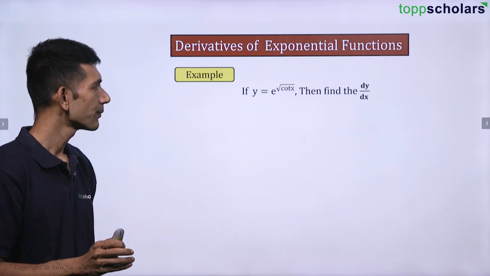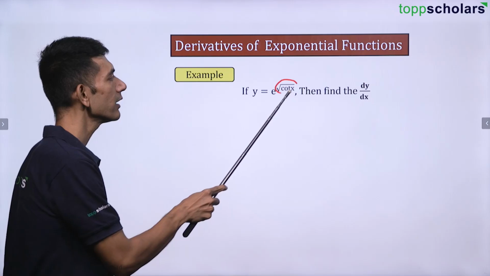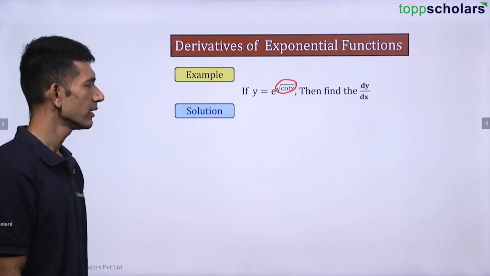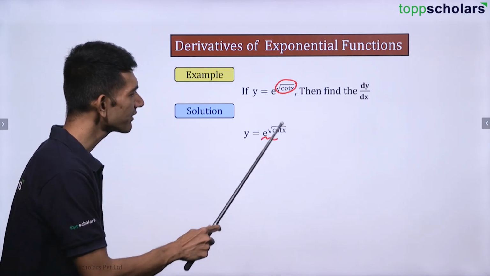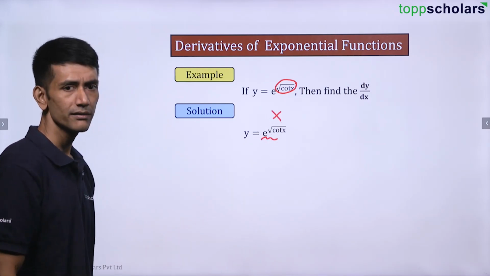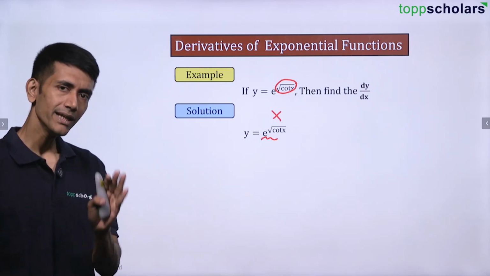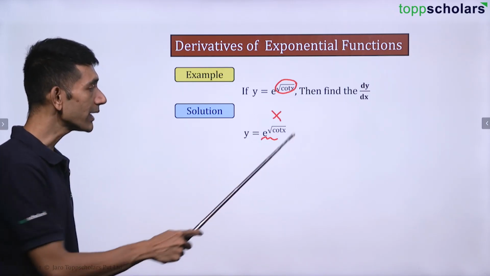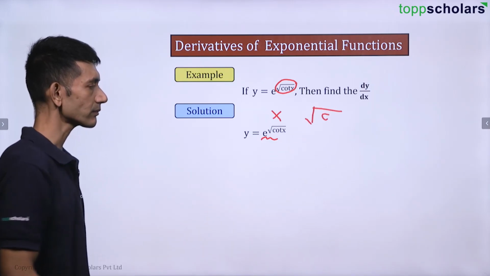Let's continue. Y is equal to e raised to under root cot x. Again same thing. Derivative of e raised to x is e raised to x only. So here also it will become e raised to under root cot x. But you have to separately take the derivative of under root cot x.